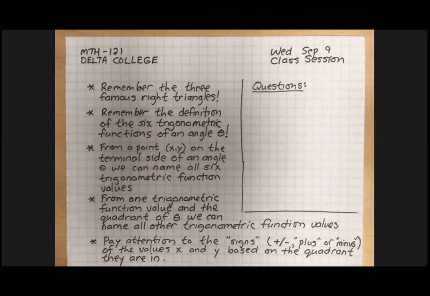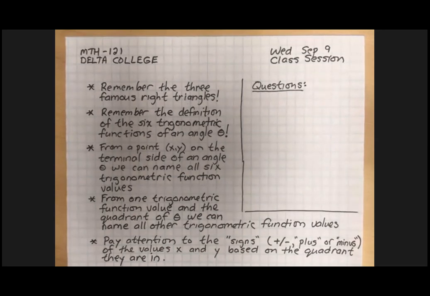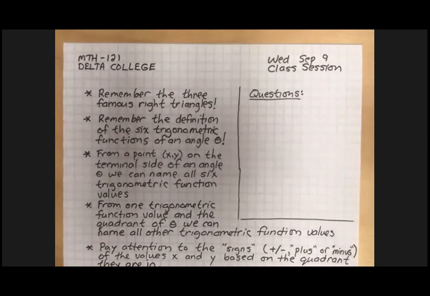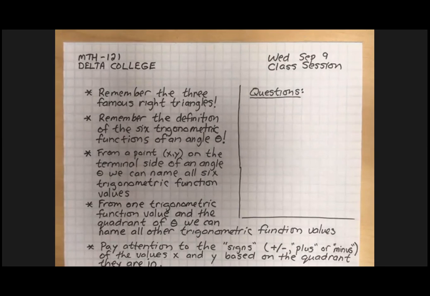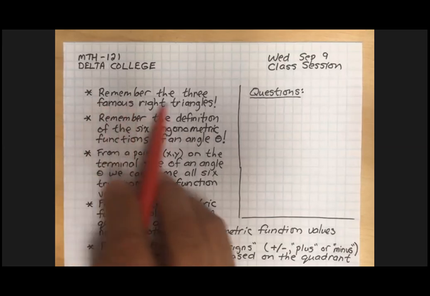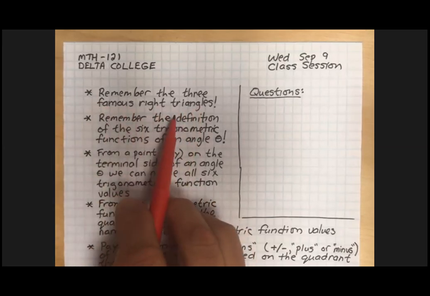Very good. So now we're going to dive into sections 1.4 and 1.5 in this one session that comprises our week. I want to hit the highlights for you here, and then I'll illustrate each of these on our paper. The big important points are those three famous right triangles, and I'll redraw them for you in a second.